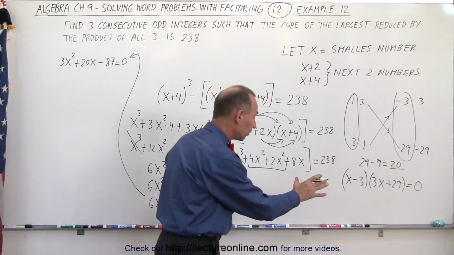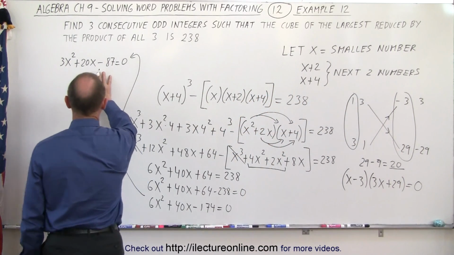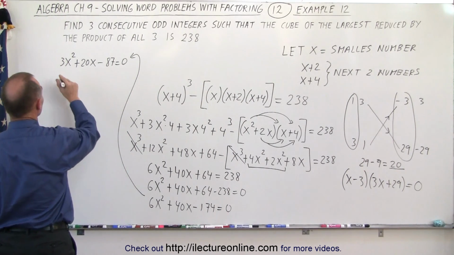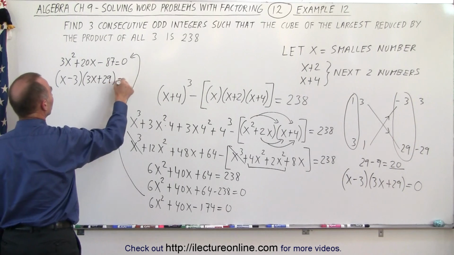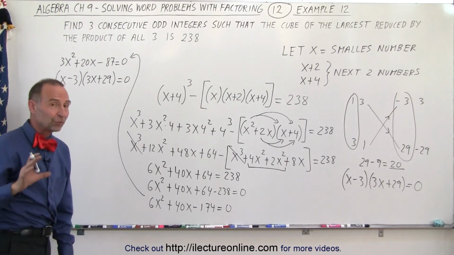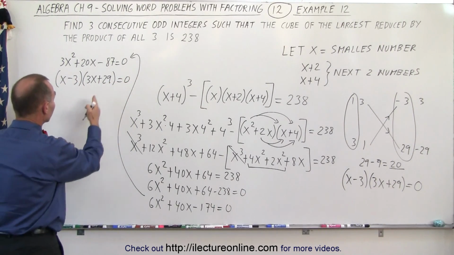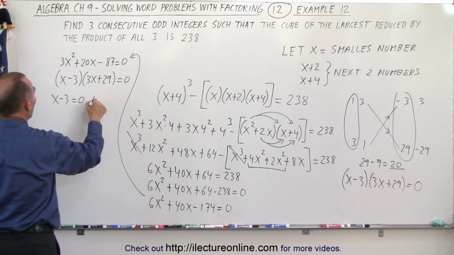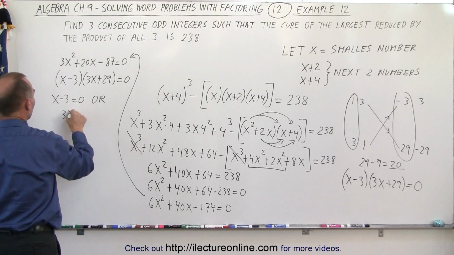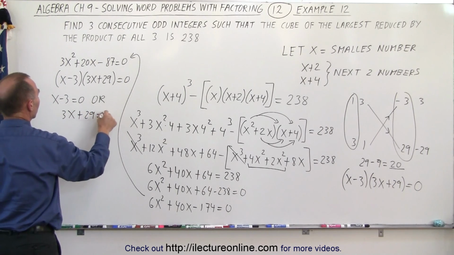So that is our factored form of our original equation. Now, if we have two binomials and we multiply them together, they equal 0. That means either x minus 3 equals 0 or 3x plus 29 equals 0.